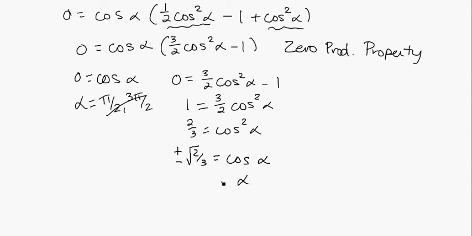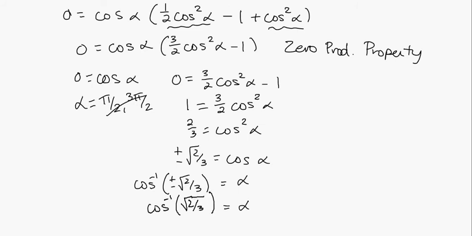So alpha is going to be the inverse cosine of these values, plus or minus the square root of 2 over 3. But since alpha must be in quadrant 1 in order for this to make sense, the only value we're going to have is the inverse cosine of the positive radical 2 over 3. And the whole thing's in the square root, sorry.